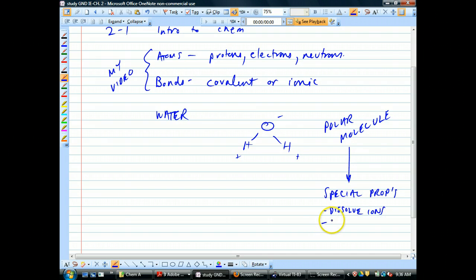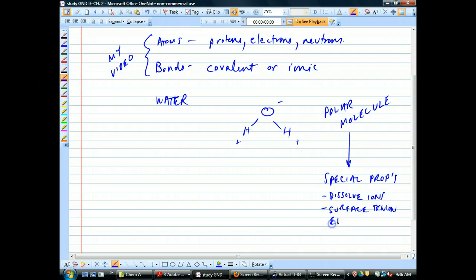Something called surface tension, etc. Okay, so those are important properties.